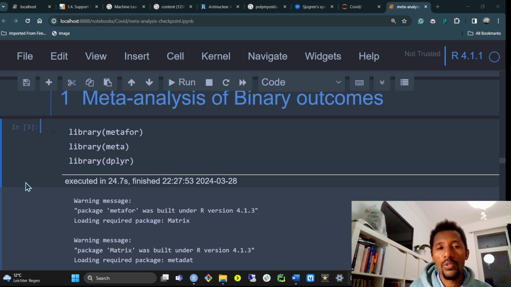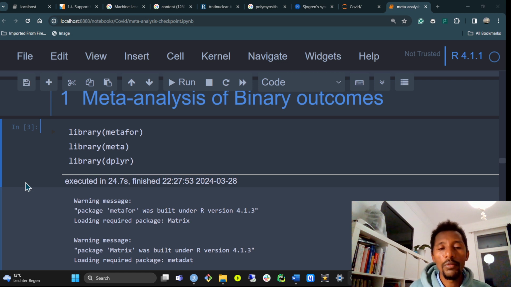We will implement those formulas and calculate them by hand without using any other package. This is just to help you understand the theoretical foundation behind pooling the studies. If you understand how to implement those formulas, maybe you can also write your own package. But it's good to understand what is happening behind the package.